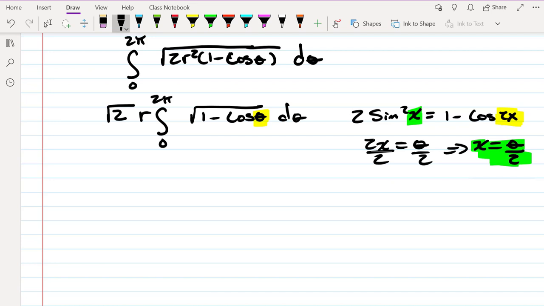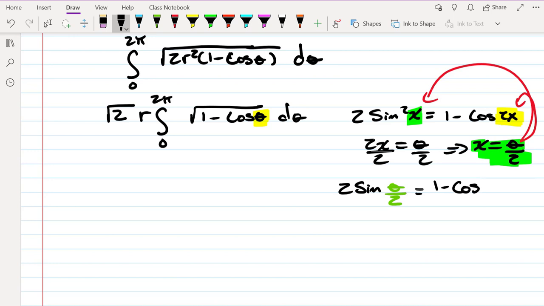Doing so gives us the following identity. If I plug this in here for each of these, I get 2 sine squared of theta over 2 is equal to 1 minus the cosine, and 2 times theta over 2 is just going to give me theta, but I'll write it out explicitly.